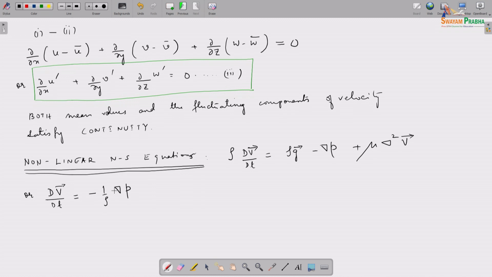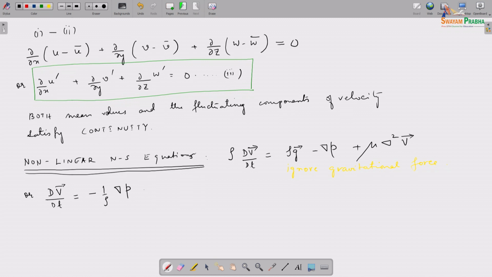Well, we just say that we are going to ignore the gravitational forces. Okay, so we ignore the gravitational force.